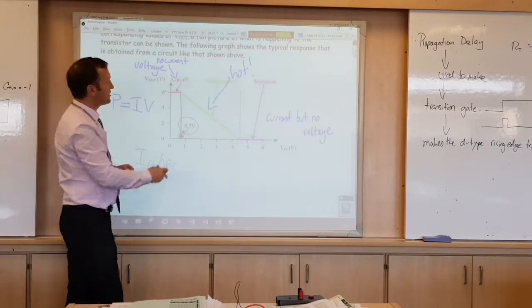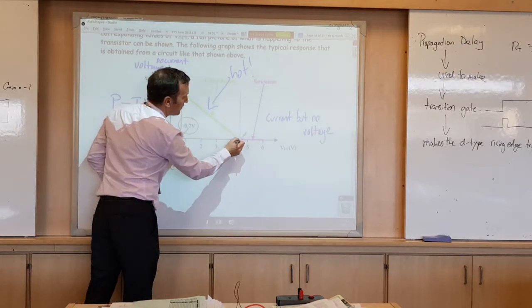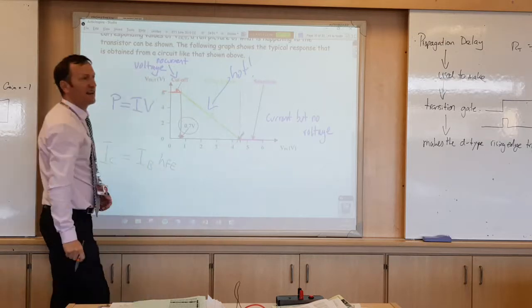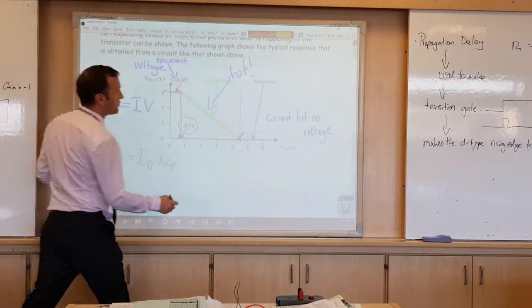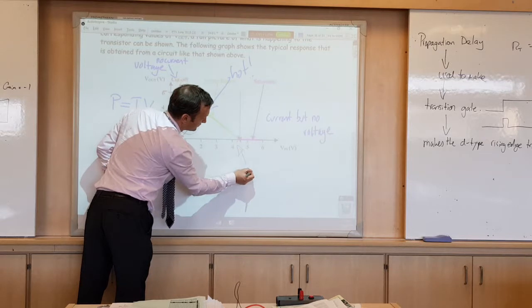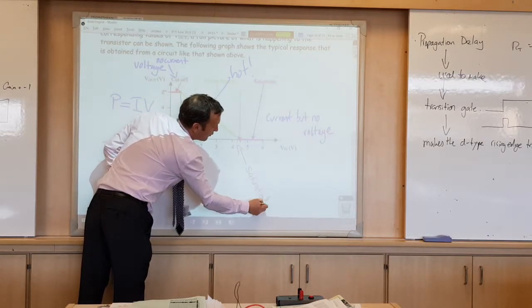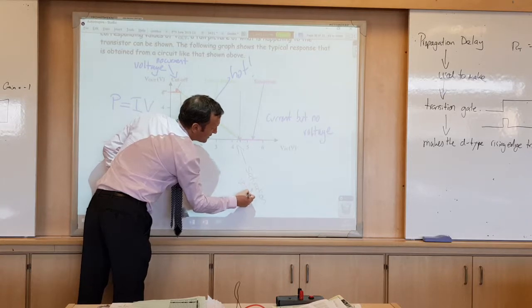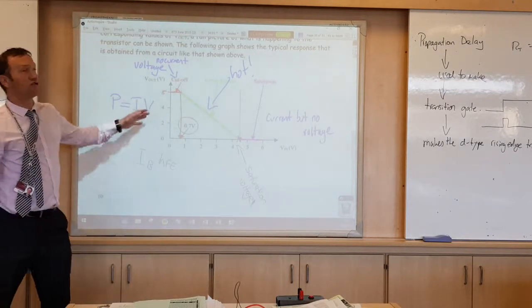We know this point here, because that's where that meets with that. The only point we actually need to calculate to find the voltage characteristic of the transistor is the point where it saturates. If we can work out the saturation voltage from a circuit diagram, we can draw the rest.